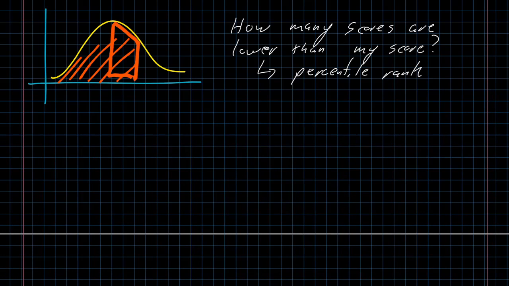In general, to answer this question requires the study of calculus, and I do not expect that students in this course have taken calculus yet. So we're going to shortcut the calculus by using what's known as the standard normal distribution.